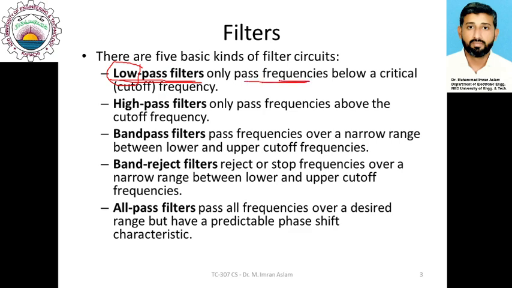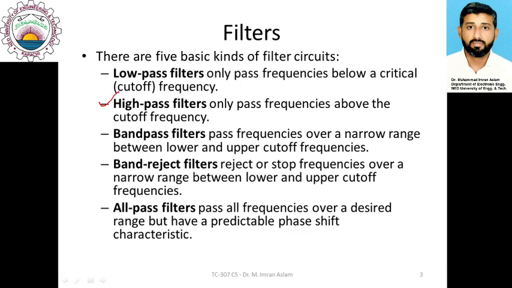So it passes only low frequencies which are below a critical frequency, which in filter terminology is named the cutoff frequency. So all the frequencies which are below the cutoff frequency are passed by the low pass filter, and all the frequencies which are above the cutoff frequency are stopped by this low pass filter.